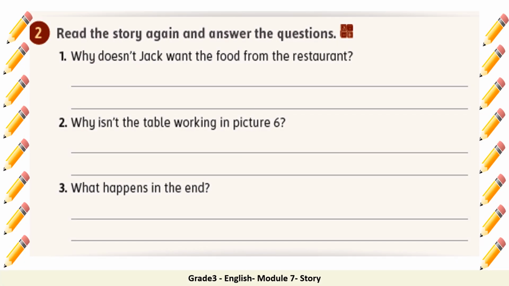Here I have another activity for you about the details of the story. In this activity, I want you to read the story again and answer the questions. Number 1. Why doesn't Jack want the food from the restaurant? Number 2. Why isn't the table working in picture number 6? Question number 3. What happens at the end of the story?